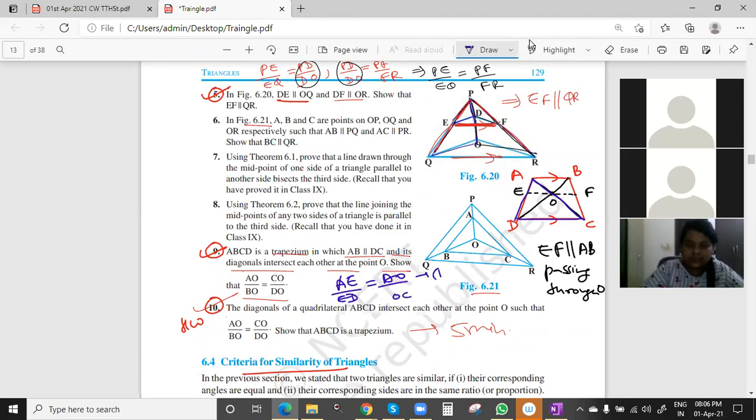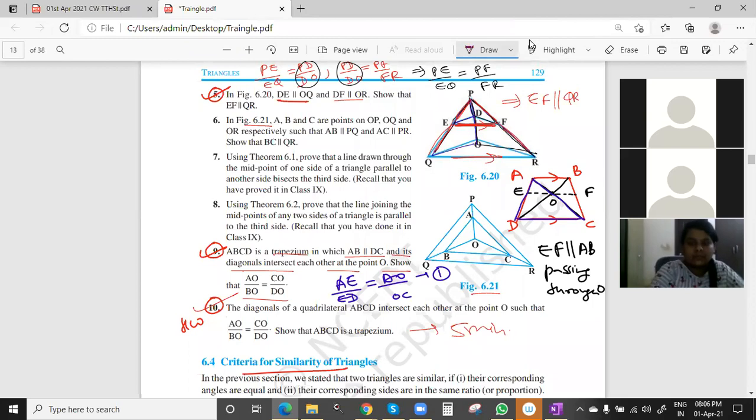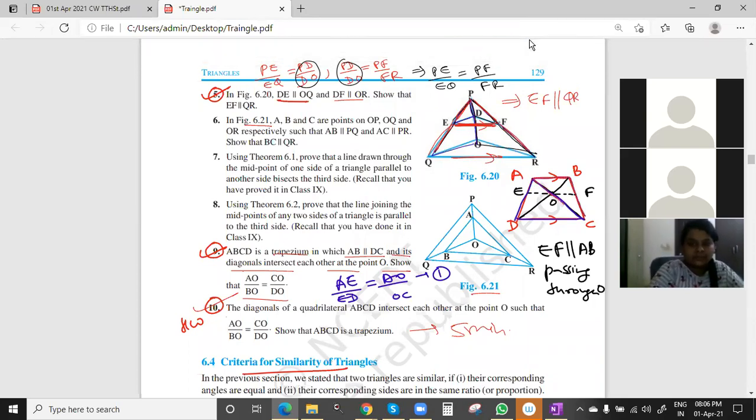This is first equation. And second thing, one more triangle we can take. Any two triangles we can take, such that in one case we'll get AE by ED, another case BF by FC. So second one will be triangle ABC. So OF is parallel to AB, so it divides in equal ratio.